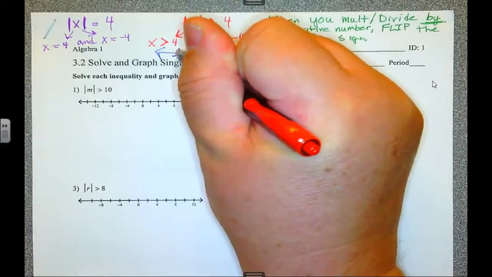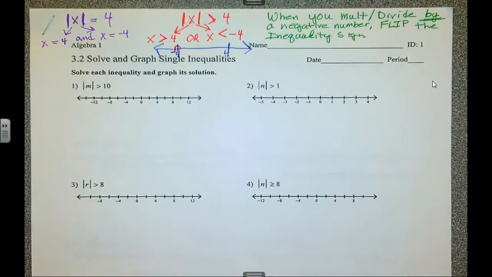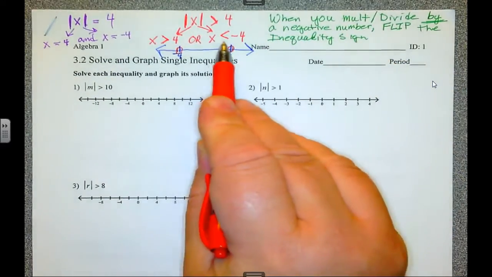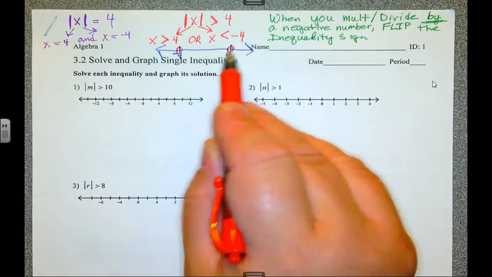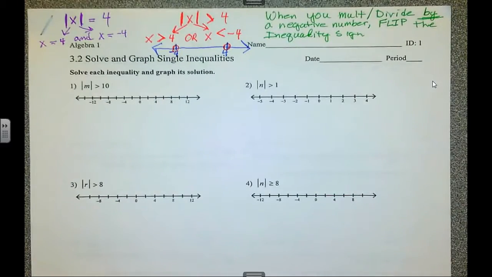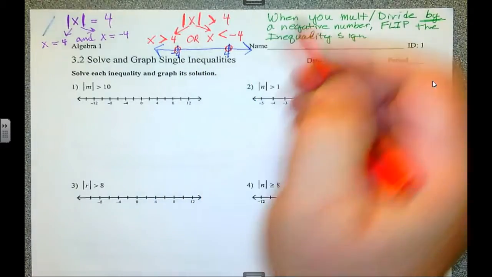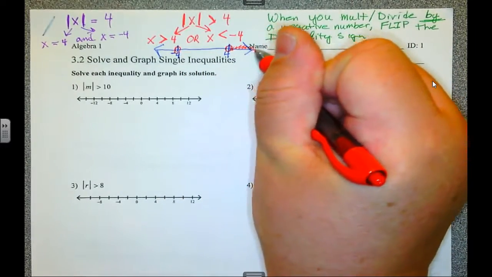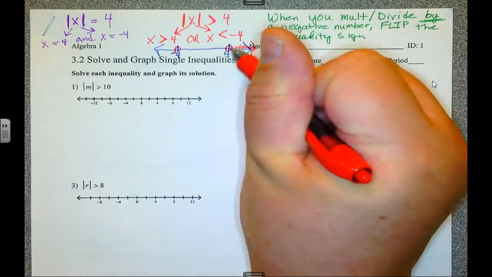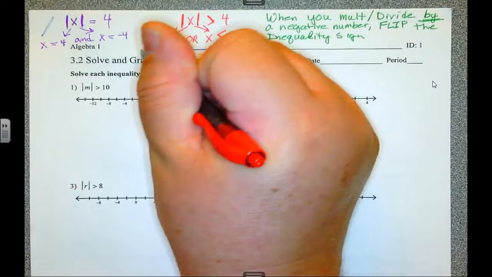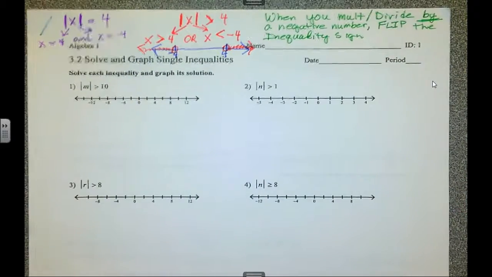Yeah, because it does not equal 4 or -4. So they're open circles. If there was an equal sign here, it would be a closed circle. And I want all those numbers greater than 4. So I shade greater than 4 and less than -4. So I'm going to shade -4.